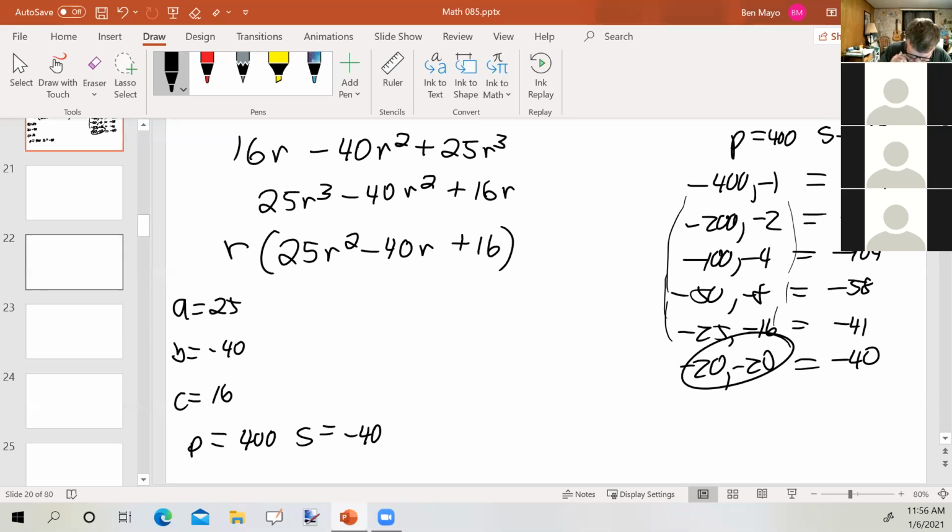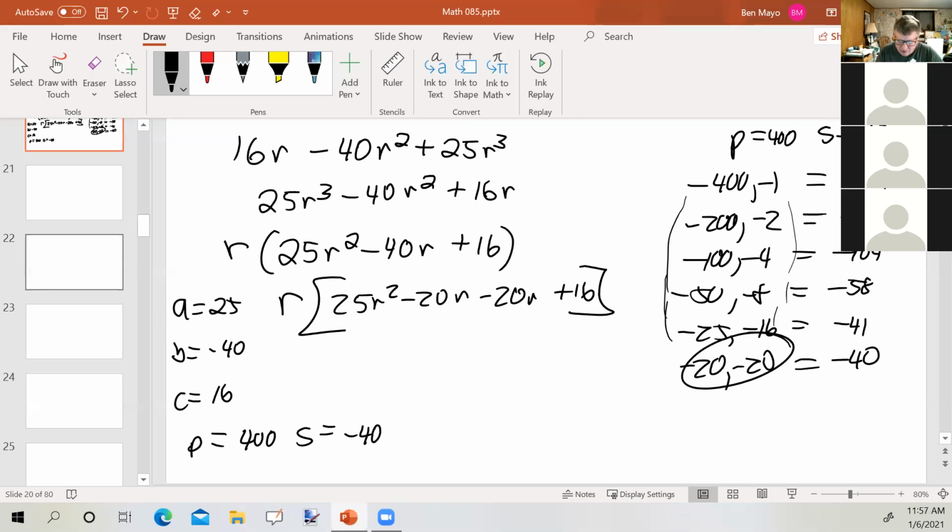So now what are we going to do? We're going to bring down the r, and we're going to rewrite the stuff in parentheses as 25r squared minus 20r minus 20r plus 16. And I switched from parentheses to brackets because in the next step, I'm going to have another set of parentheses when I use grouping.